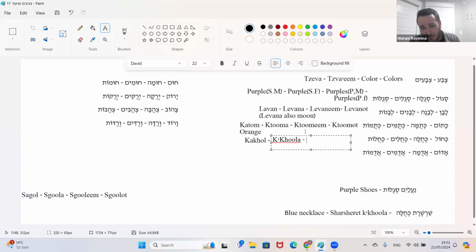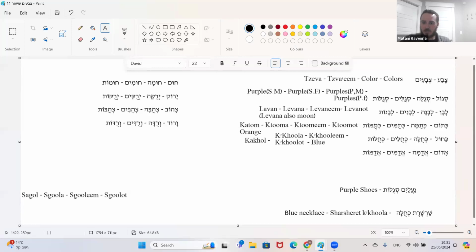Kchulim, and surprise, surprise, kchulot. Okay, which means blue. Questions so far about the colors, purple, white, orange, and blue?